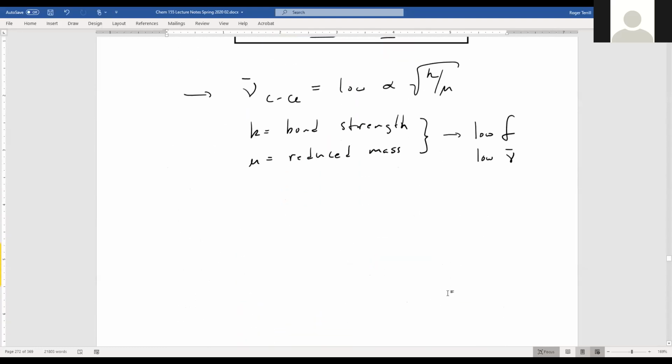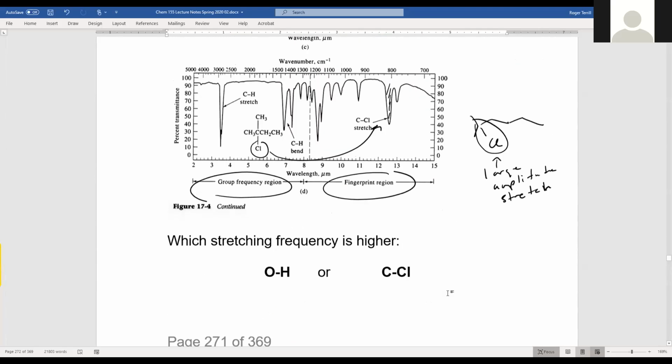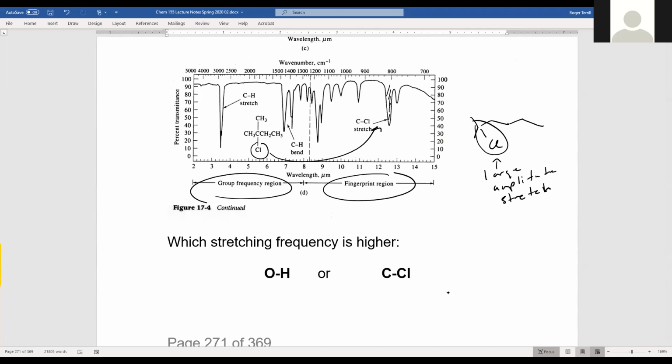Let's say this were chloroform. You'd have a carbon and a chlorine, and three hydrogens. With these five atoms, you can identify the mode that would give a CCl stretch at almost exactly the same frequency. It might be slightly different, but it'll be almost the same.